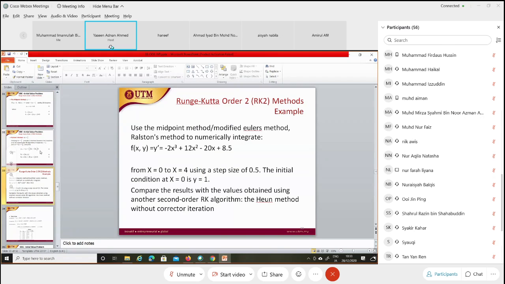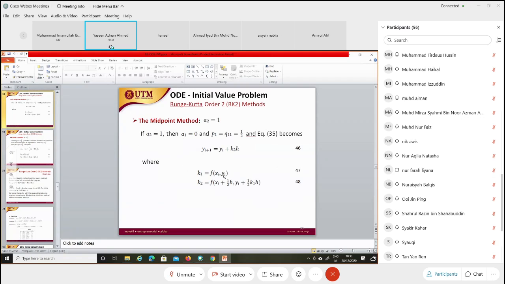So 1 plus half of k1. The k1 value is 0.25. So 1 plus half of 0.25 multiplied by 0.5. H is 0.5. So you can calculate how much. Whatever value you get, that will be your value of y.